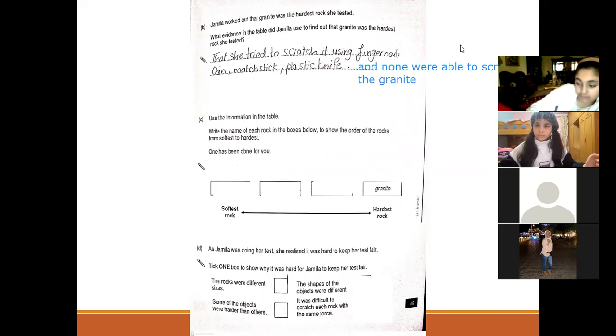Okay. Now question C, use the information in the table. Write the name of each rock in the boxes below to show the order of the rocks from the softest to the hardest.